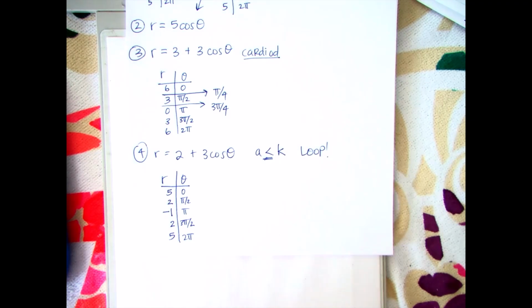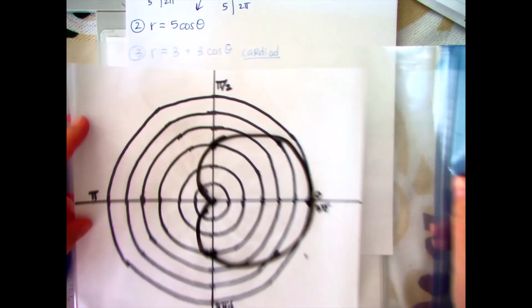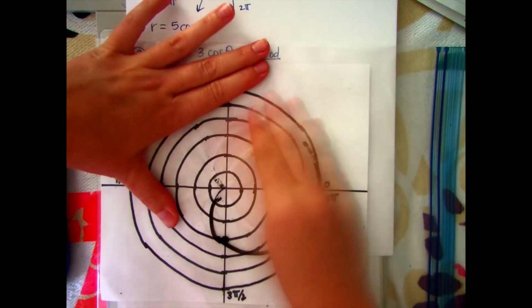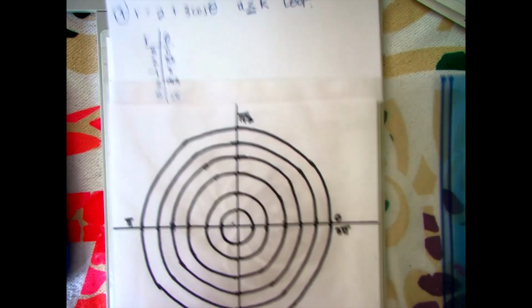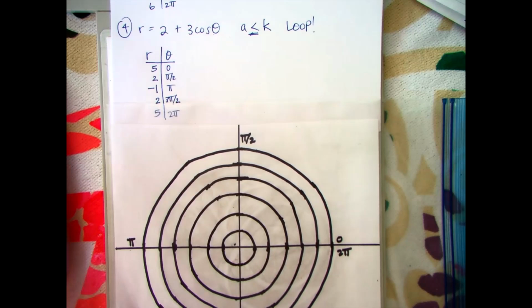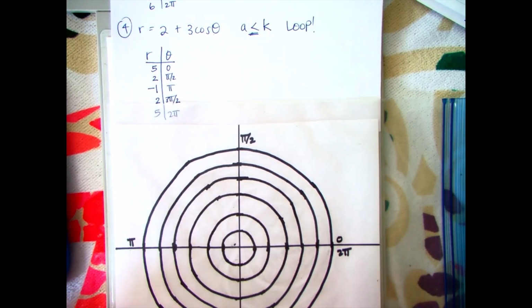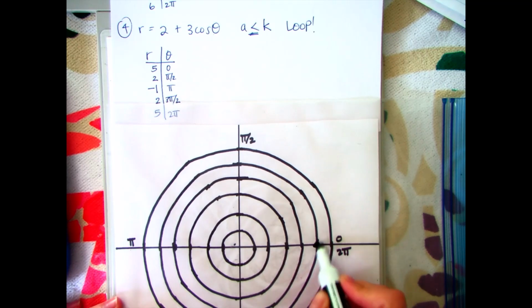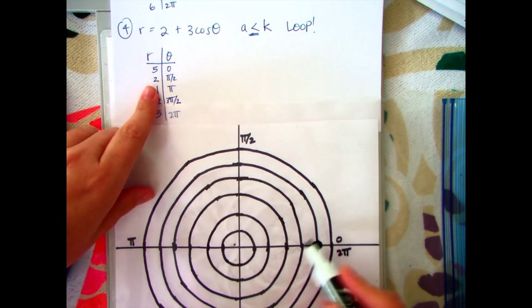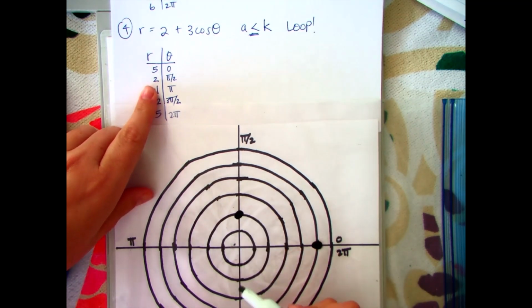So now, if we come back to our graph, just going to plot these points. So we still have 0 radians over here at 5. Pi over 2 is at 2.